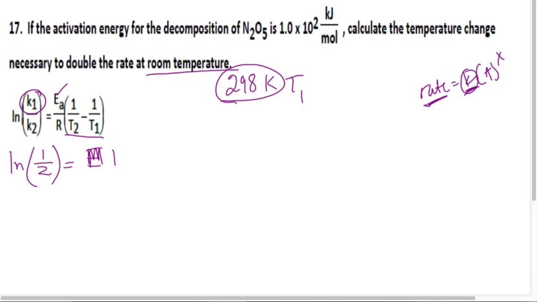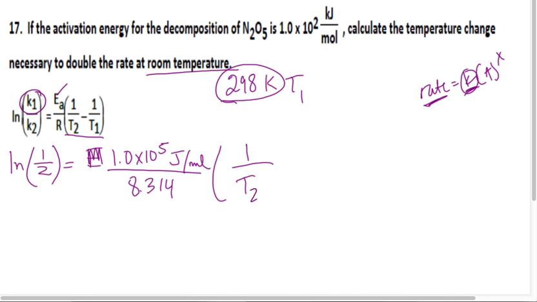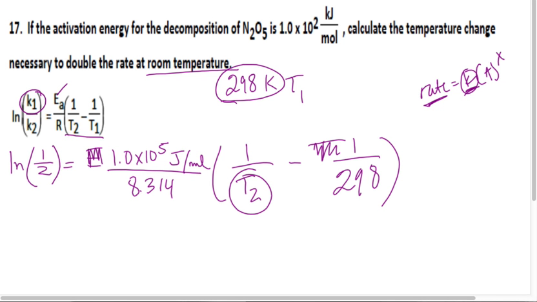So it's 1.0 times 10 to the 5th joules per mole, divided by 8.314, times 1 over T2, which is what I'm solving for, and 1 over 298. So I'm going to solve for T2, and then I'm going to subtract them to get the delta T.